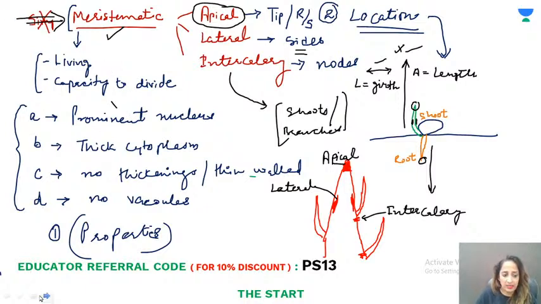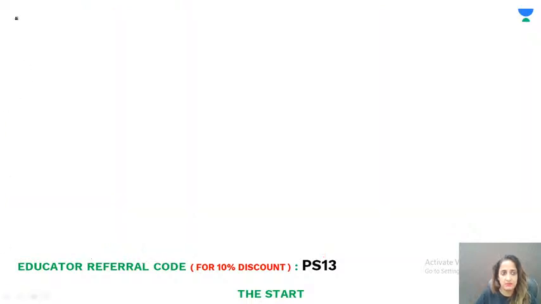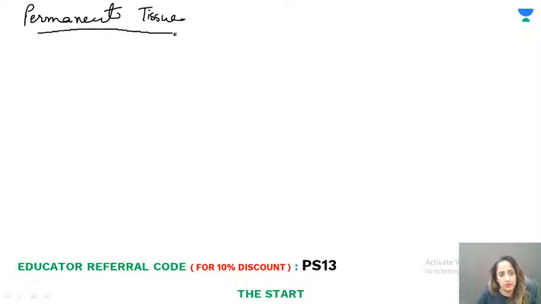Now the second thing that comes is permanent tissue, guys. Meristematic tissue is the one which is always dividing and dividing.